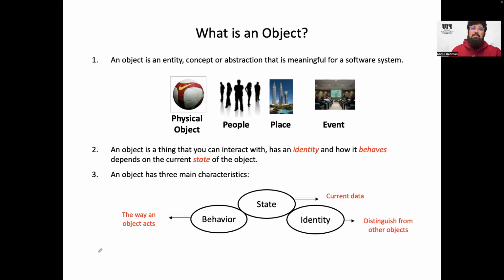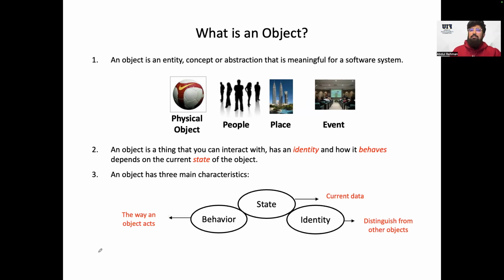For instance, as I told you in our previous presentation, Java is object-oriented programming. So an object is an entity. It could be a concept or any abstraction that is meaningful for a software system.